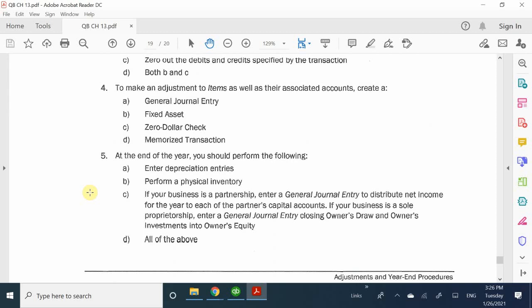So yes, you have to complete the depreciation entry. This is all year end, when you need to do all these procedures. Go back to that one page and look at all those 10 items that you're supposed to do at the end of closing out your accounting period. All 3 of those items are on there. So again, D, all of the above is correct.